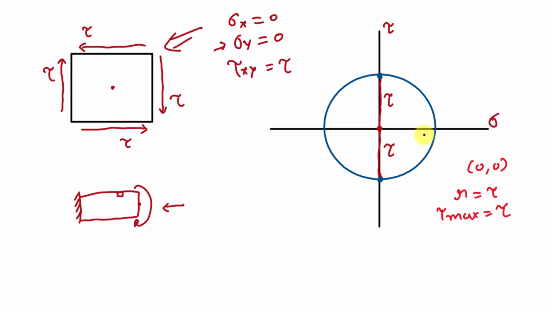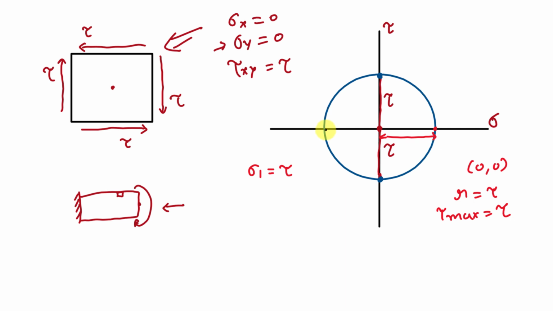And here what is the value of maximum principal stress and minimum principal stress? At this point we will get the maximum value of principal stress, that will be this distance, right? And it is the radius of this Mohr circle. So sigma 1 is equal to tau, right?